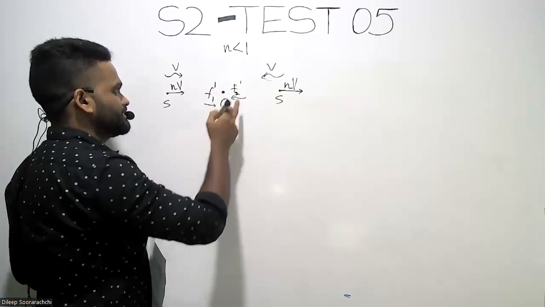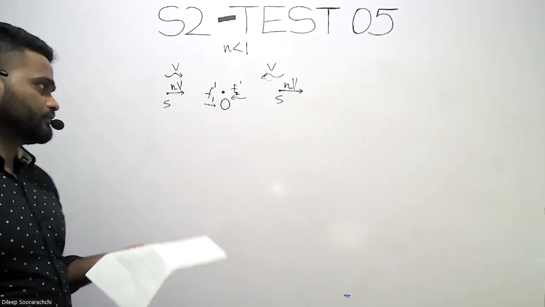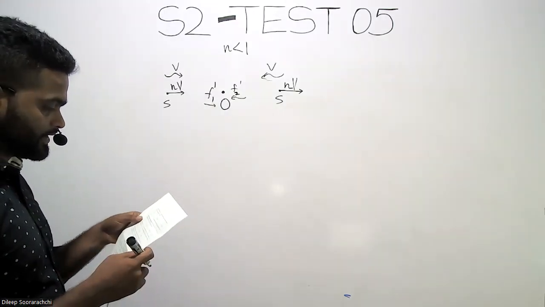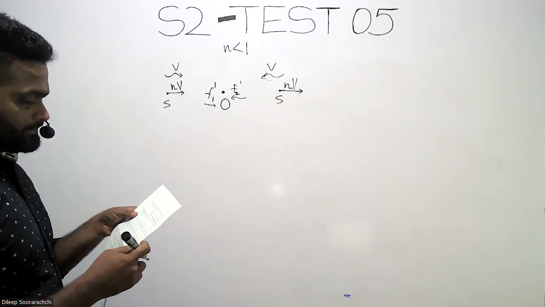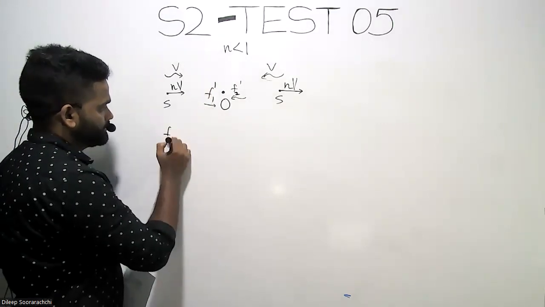So what they ask is the ratio between those two. For that, you first have to find each of these apparent frequencies, right? So we'll find this one first.